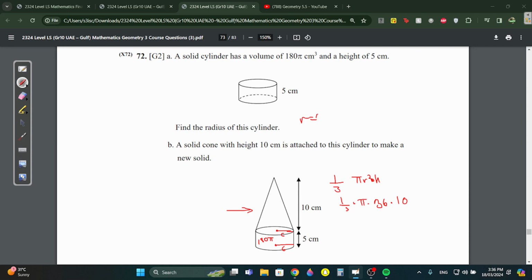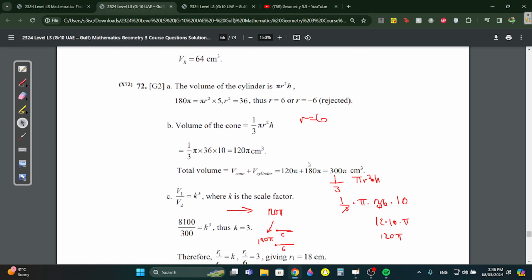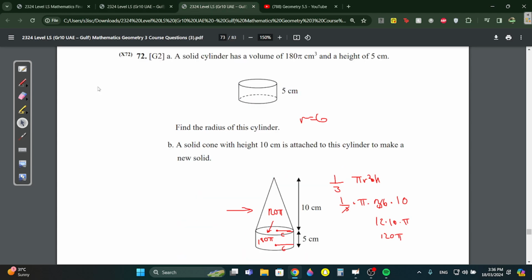We said r equals 6 from part A. 6 squared is 36. Cancel this with this, you get 12 times 10 times pi, 120 pi for this cone. The cylinder is 180 pi. So the total volume will be 120 pi plus 180 pi, which is 300 pi.